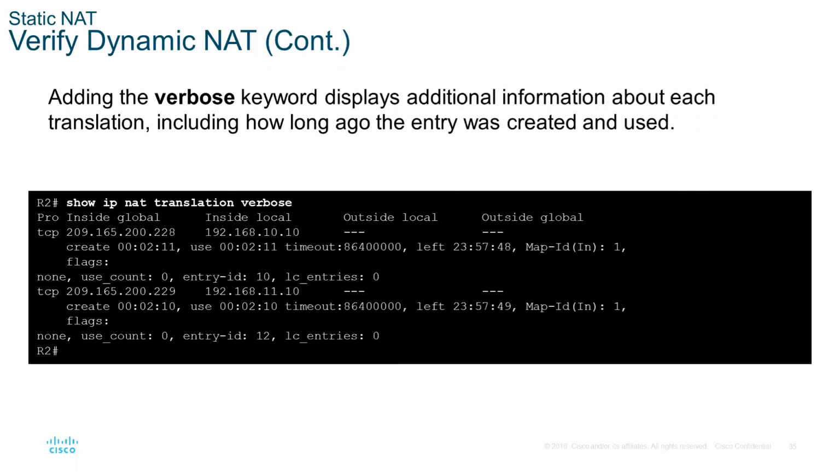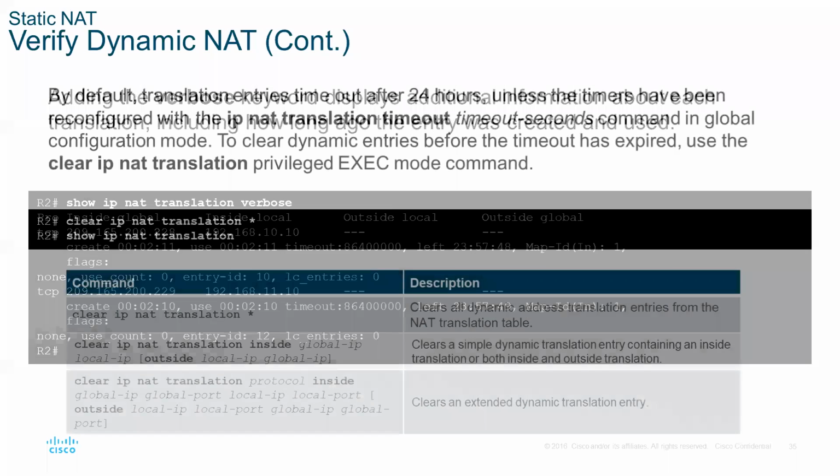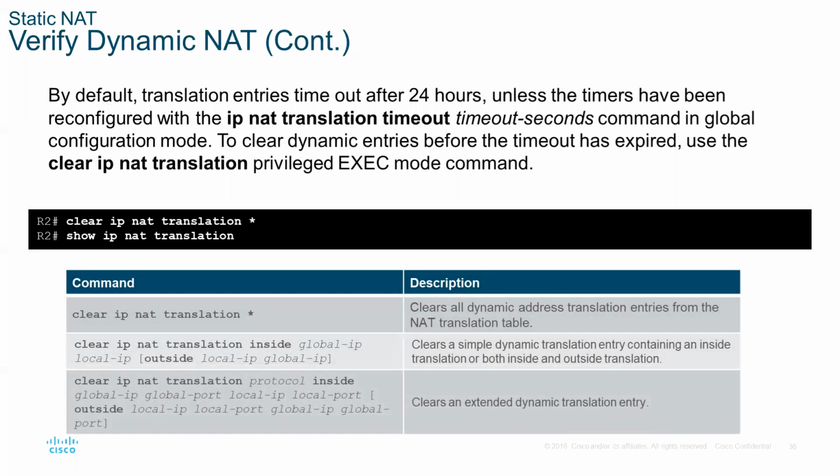So after 24 hours, that translation is no longer valid and will be deleted from the table. Now, if we've run out of translations and we want to hasten the clearing of the translation table, we can use the clear IP NAT translations and put the wildcard star to clear all of them.